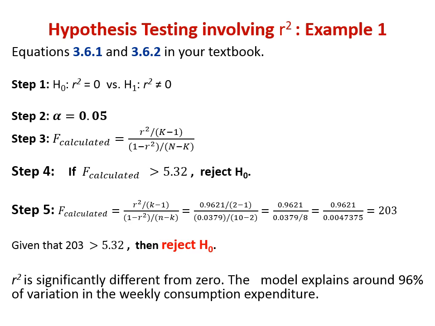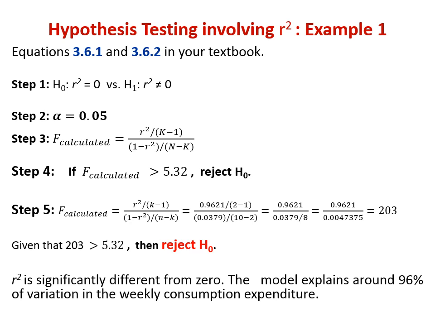Finally, in the last step, we make the decision. To make the decision, we have to compute the value of the F statistic from our sample. As shown here, it equals 203. Now we compare this computed value with its corresponding critical value.